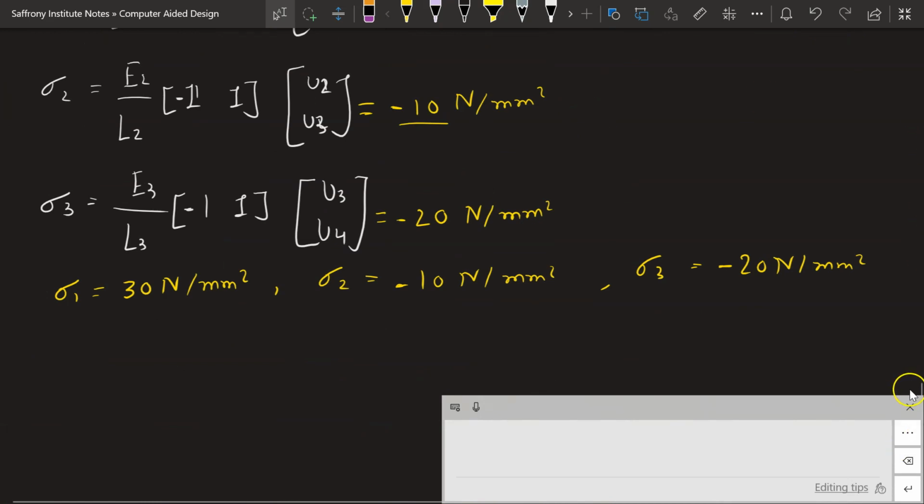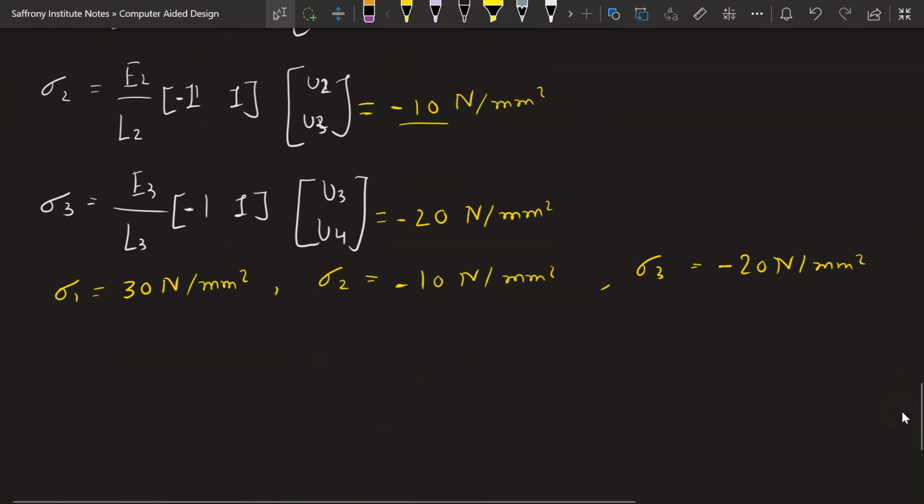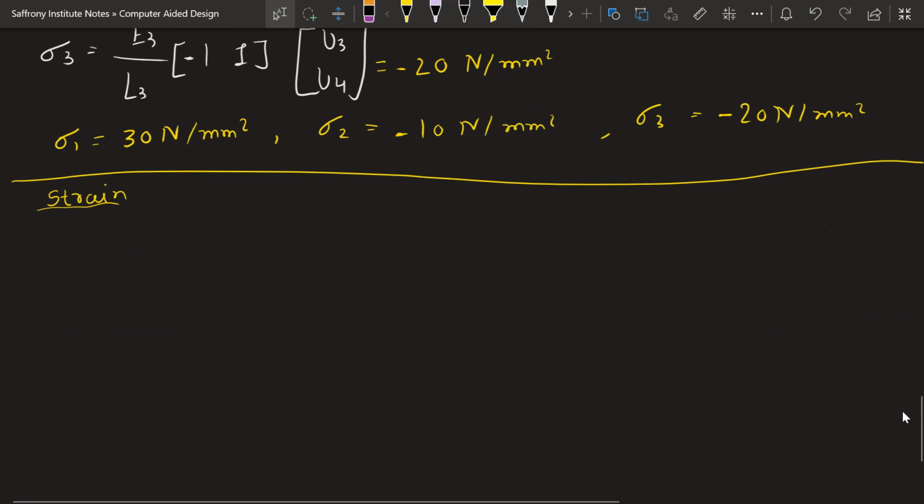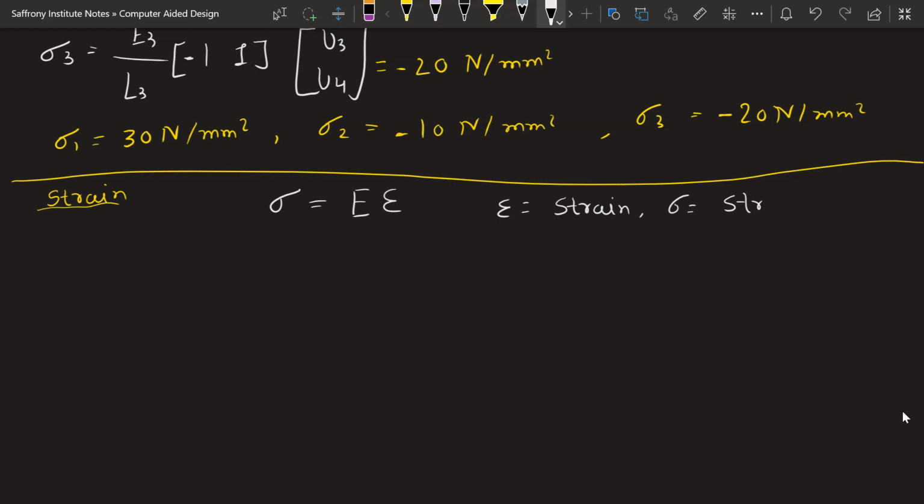Now we are at the last stage of our numerical, to find the strain. So let's find out the strain. For the strain, we need to follow one standard equation: sigma is equal to E into epsilon, where epsilon is strain, sigma is stress, and E is the modulus.